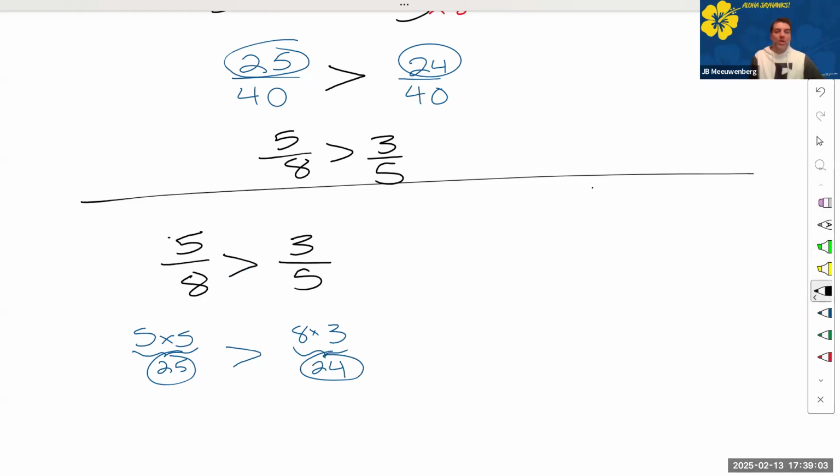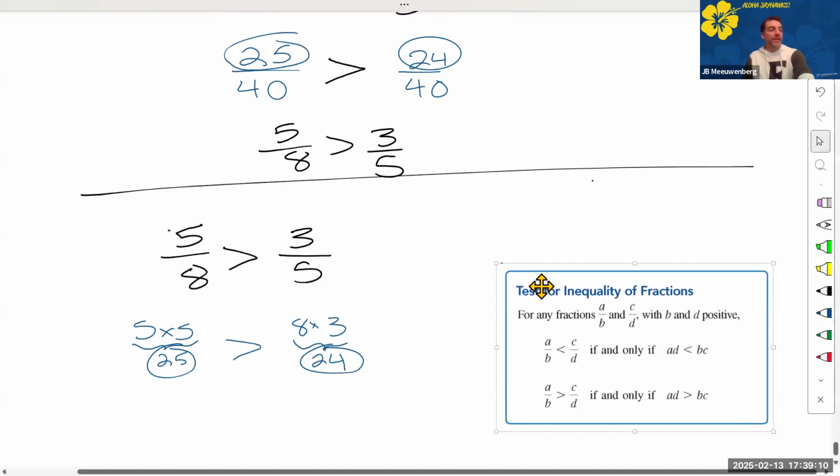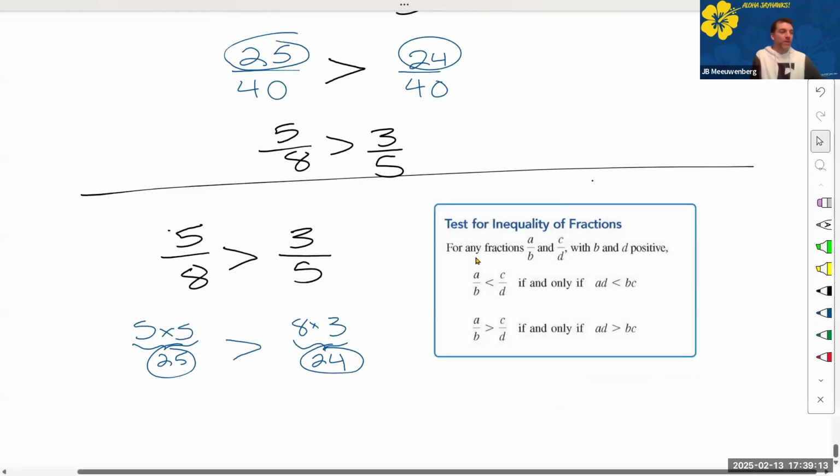It'll be the same. We can state that formally, as we love to, as this test for inequality of fractions. For any fractions, a over b and c over d, assuming that b and d are positive, a over b is less than c over d, so this one on the left would be less than if the cross product on the left, AD, notice AD, is less than BC.